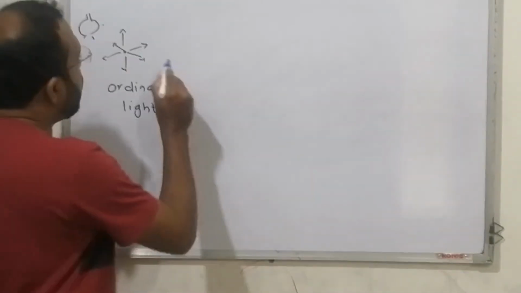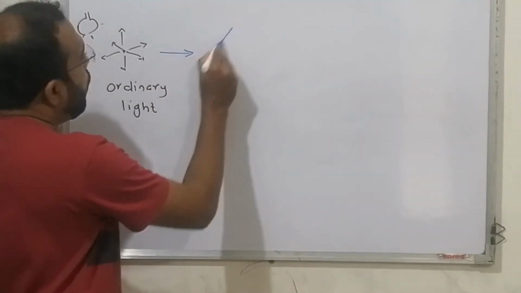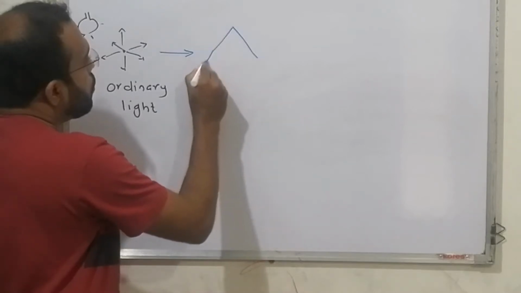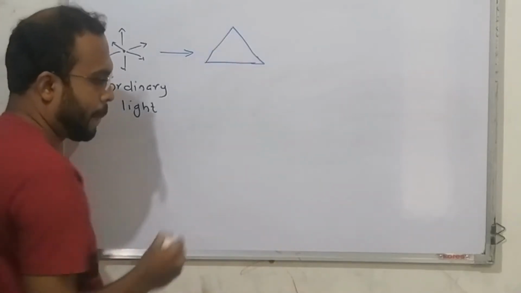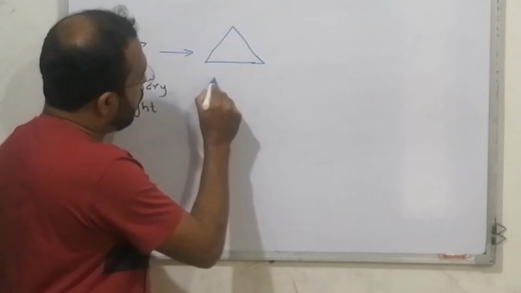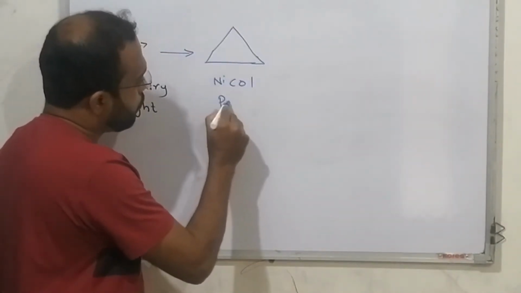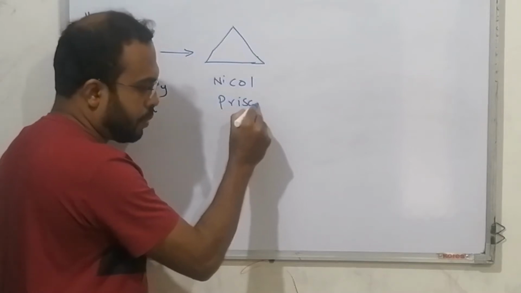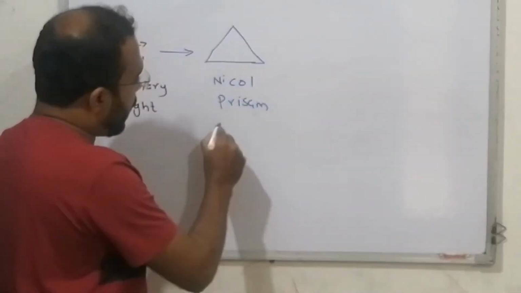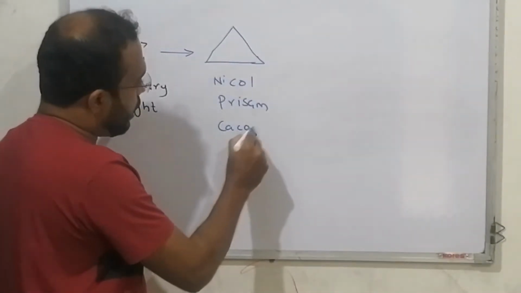Now this ordinary light is passed through a Nicol prism, or calcium carbonate, calcite.